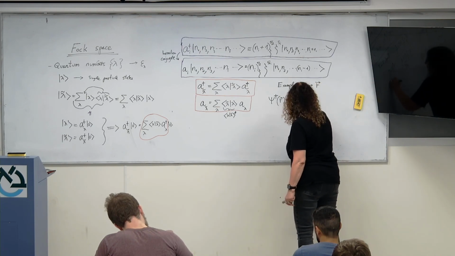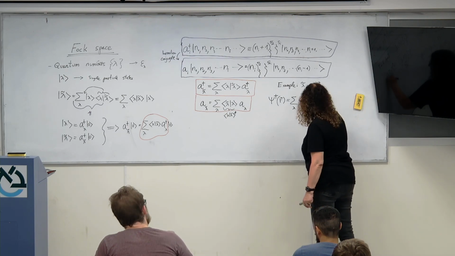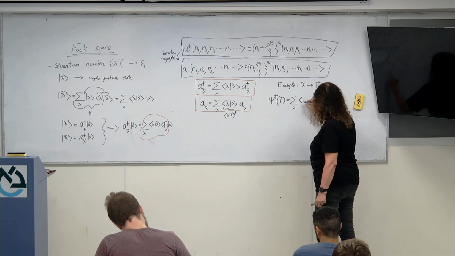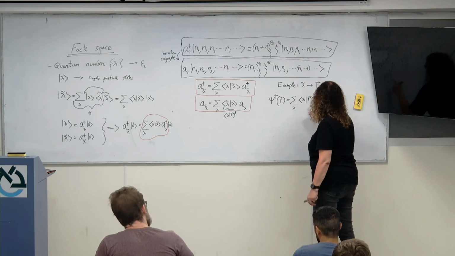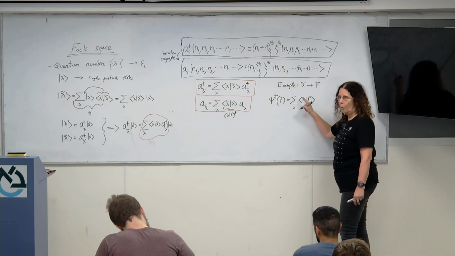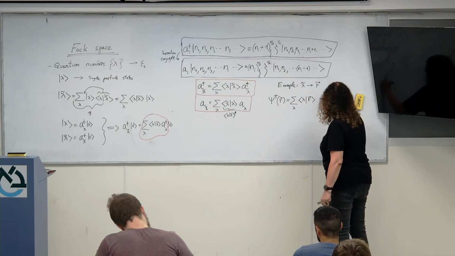So you can express it as the overlap of lambda with lambda twiddle, which is now R. We shortly will remind ourselves what this is, times A dagger of lambda.